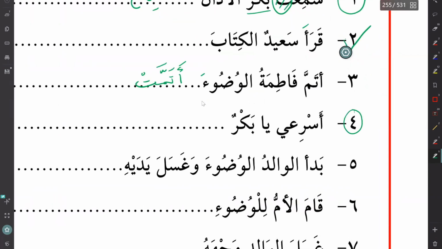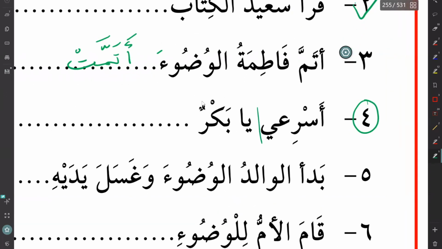So what do you think of this one? This one I talked about not too much, but I mentioned it. It says, Asri'i ya bakrun. First of all, remember we talked about verbs having three types: past, present, and the command. What type of verb is asri'i? Do you recognize this?